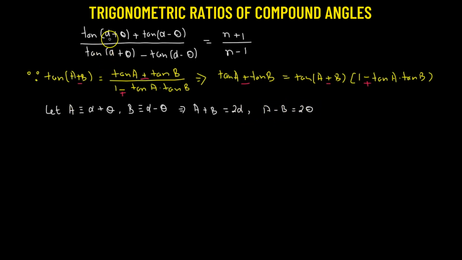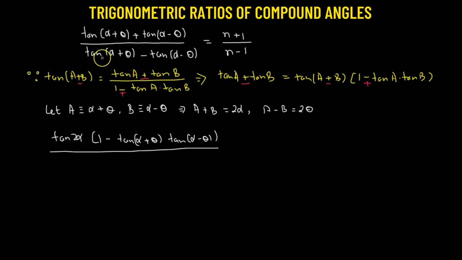Let us begin. In the numerator portion, we have tan A plus tan B. We can rewrite it as tan(A+B), that's tan 2α, multiplied by (1 − tan A tan B), so tan(α+θ) times tan(α−θ).